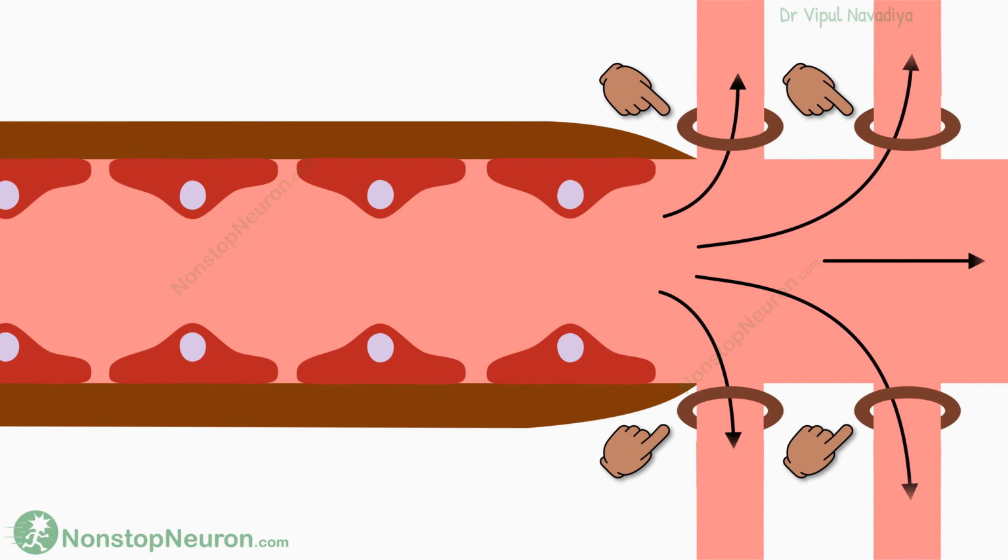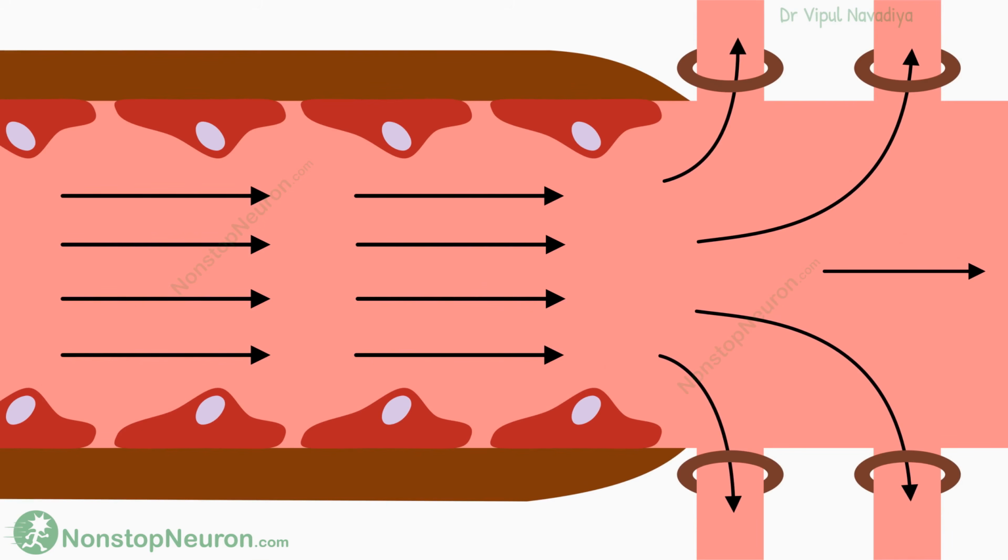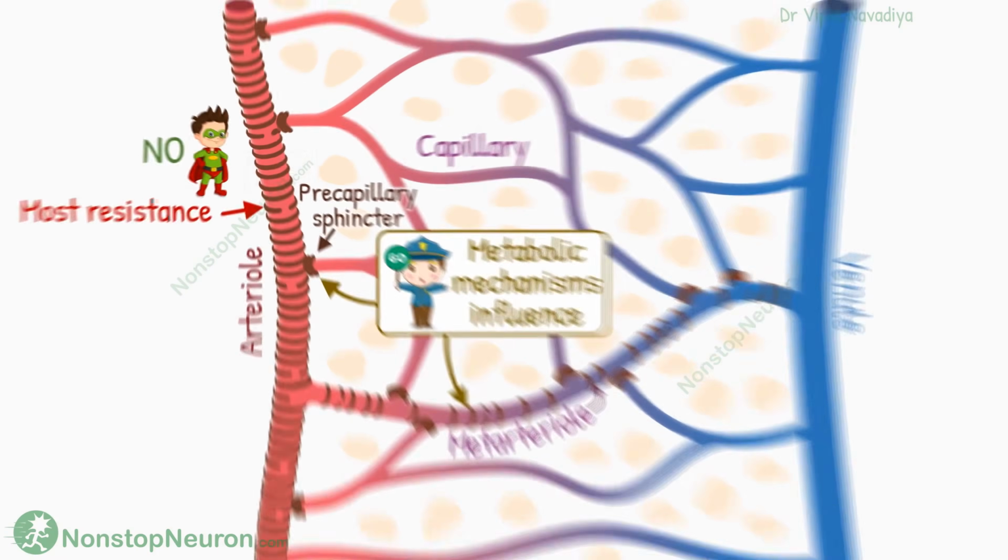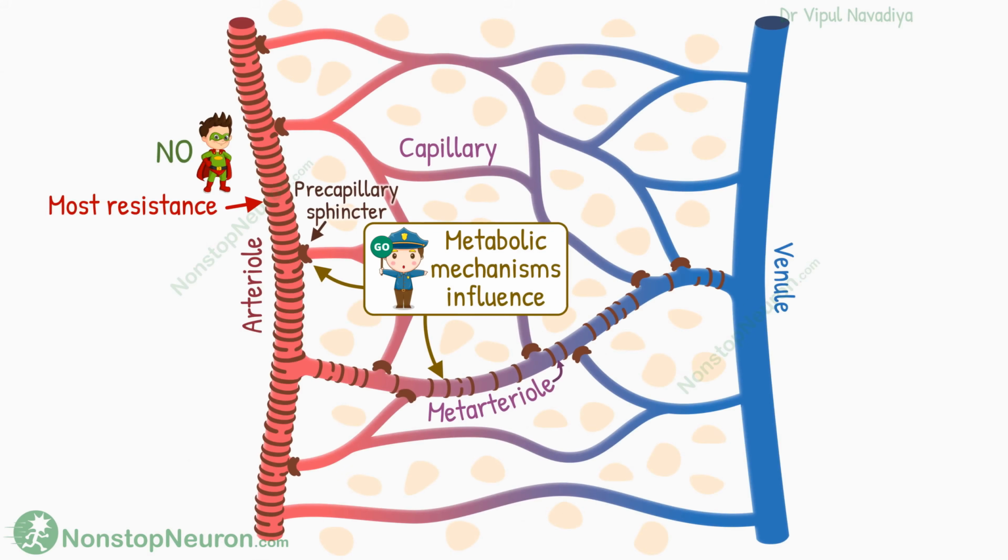This way, the dilatation of small vessels causes secondary dilatation of larger vessels, thus clearing the entire path for more blood to flow. So this is how the nitric oxide takes care of resistance in upstream larger vessels, when downstream vessels are dilated by metabolic mechanisms. Are you seeing the beauty of coordination?